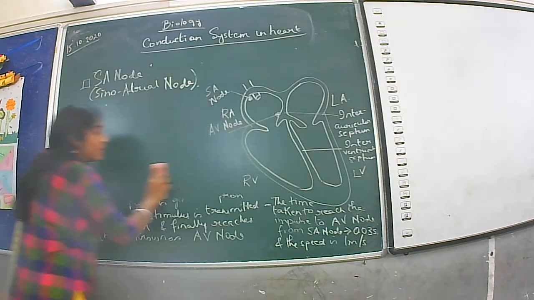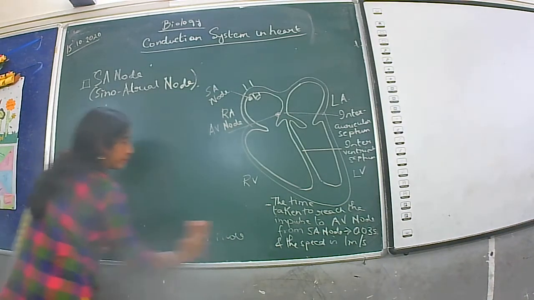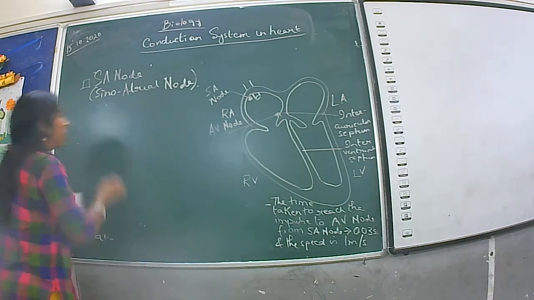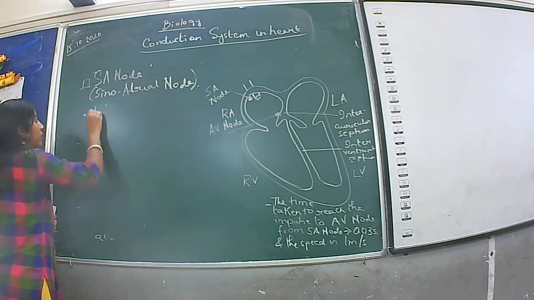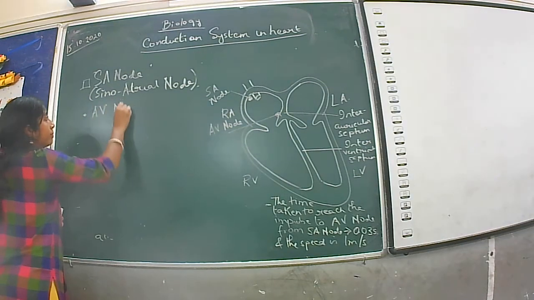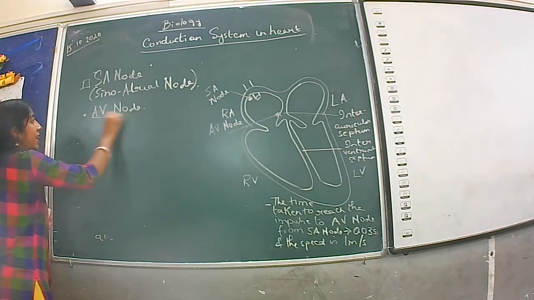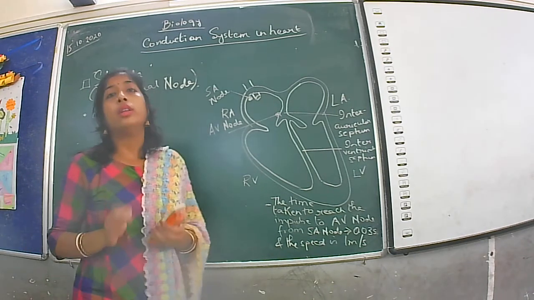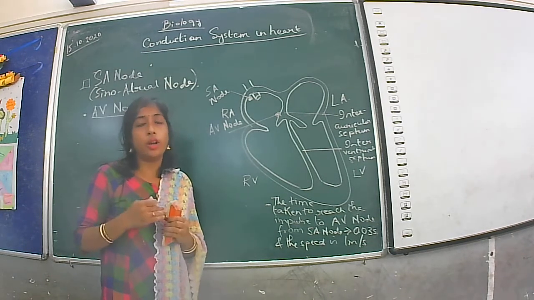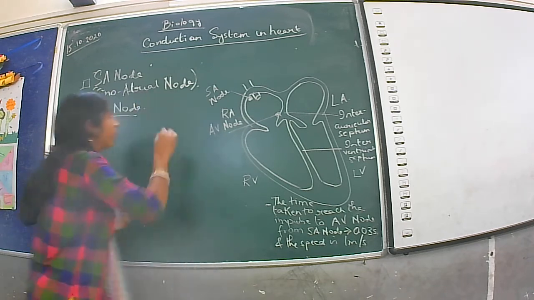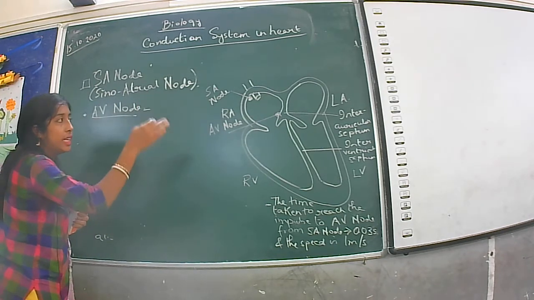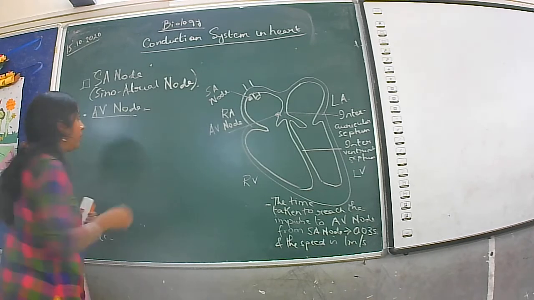Now, this AV node, let me write it down. This AV node is a structure which is present at the junction on the right atrium, in between the interauricular septum and interventricular septum.